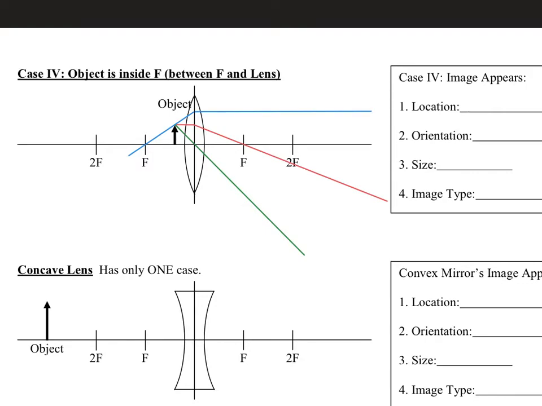Well, we backtraced reflected rays on mirrors. Now let's backtrace our refracted rays for a lens. I'm going to do that with my blue one first. The refracted ray is this parallel one, so I'm going to backtrace that refracted ray. And I'm going to try to do it as straight as possible here.